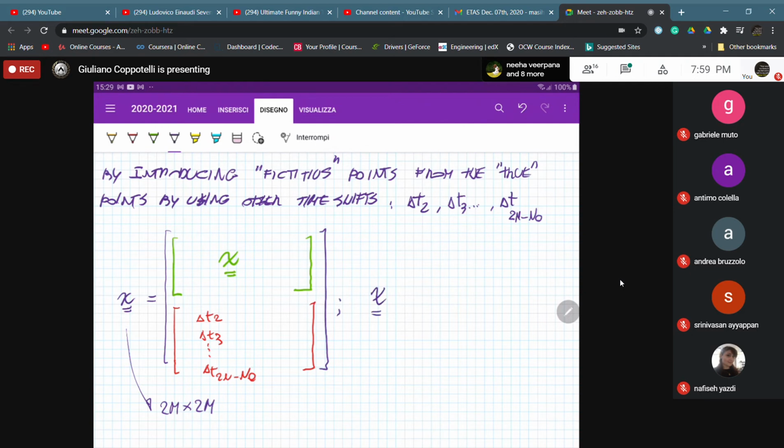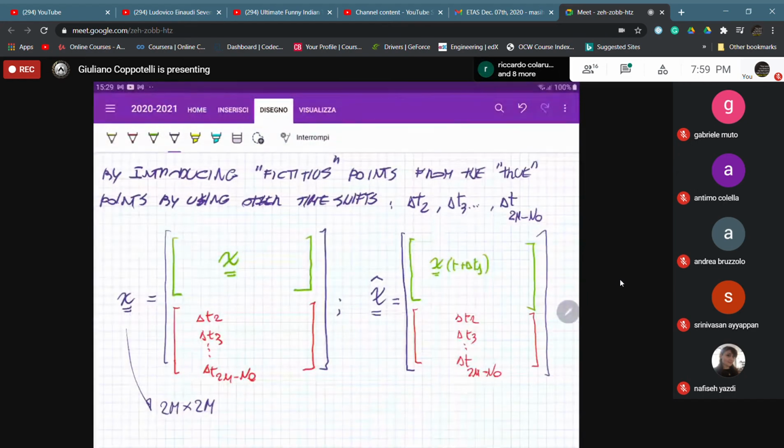That matrix is built using the initial one, obtained from chi at t plus delta t1, but with a number of rows lower than the number of columns, and then we add the missing rows by introducing delta T2, T3 up to delta T_2m-n_o, and therefore we get square matrices.